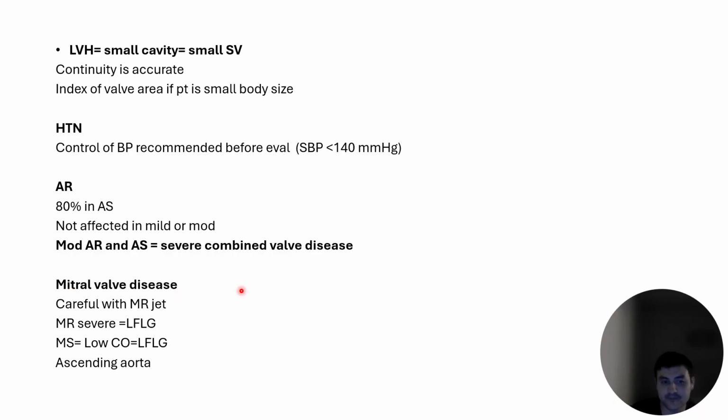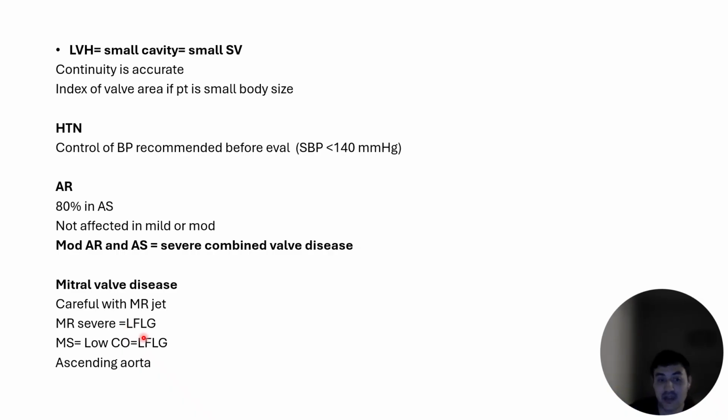Mitral valve disease: be careful with the MR jet. We already spoke about it. Why? Because the MR jet is a high velocity jet. Severe MR can give you low flow, low gradient. Why low flow, low gradient? Because all the blood goes to the left atrium, since you have severe mitral regurgitation, and you don't have enough flow going to the LVOT.